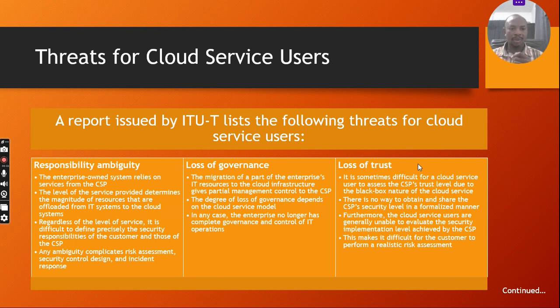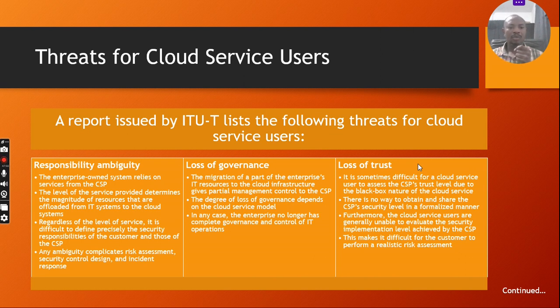Responsibility ambiguity, because sometimes it may be that the enterprise-owned system relies on the services from a cloud service provider. You are relying on them. So there may sometimes be responsibility ambiguity, because you are relying on another company to provide your hosting, and this may be an ambiguous concept.